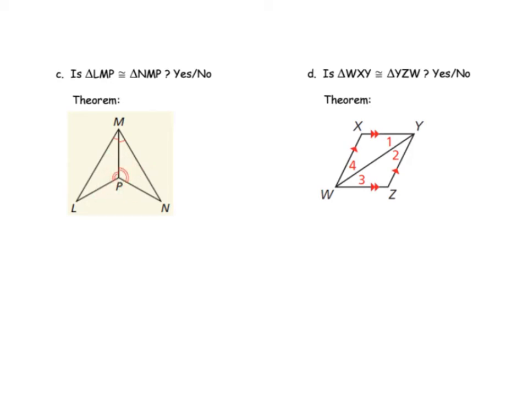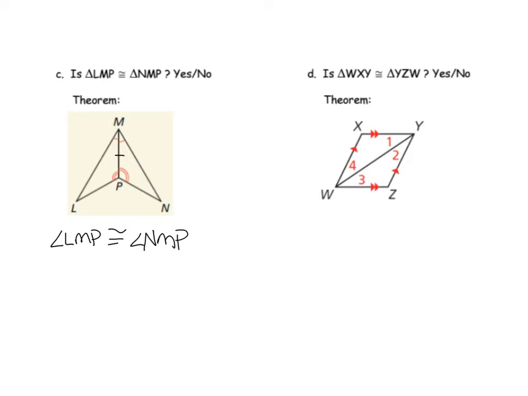So that's why they do it this way. So I clearly see that we have two angles that are congruent. So the question is, can we mark anything else congruent? Hopefully you do see that both these triangles share line segment MP. So we have established that angle LMP is congruent to angle NMP.